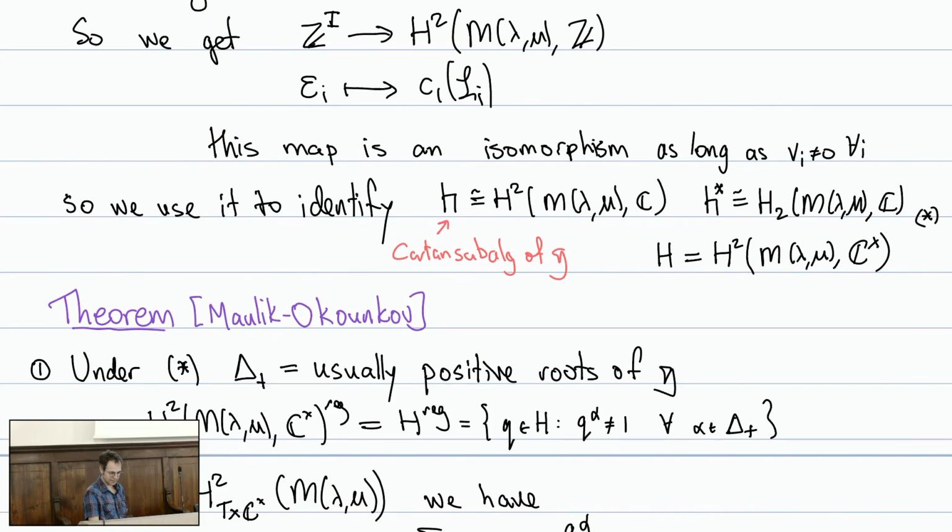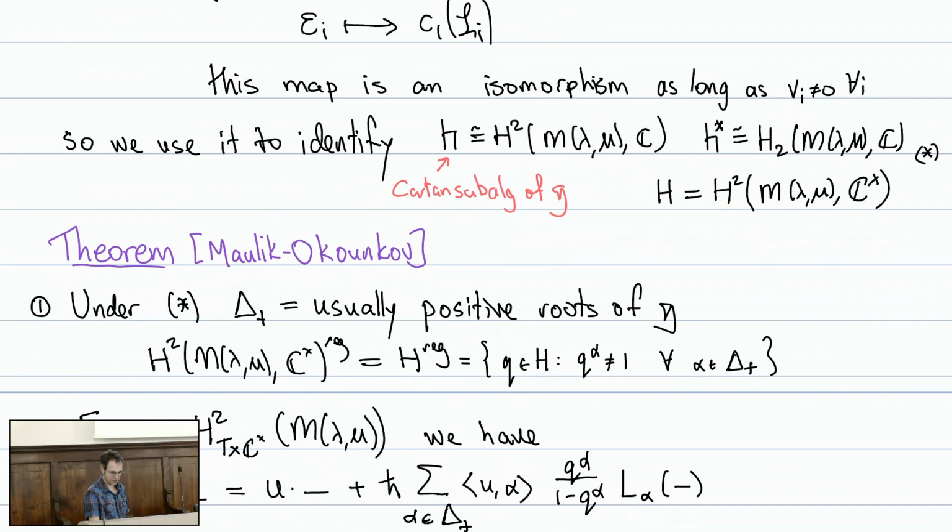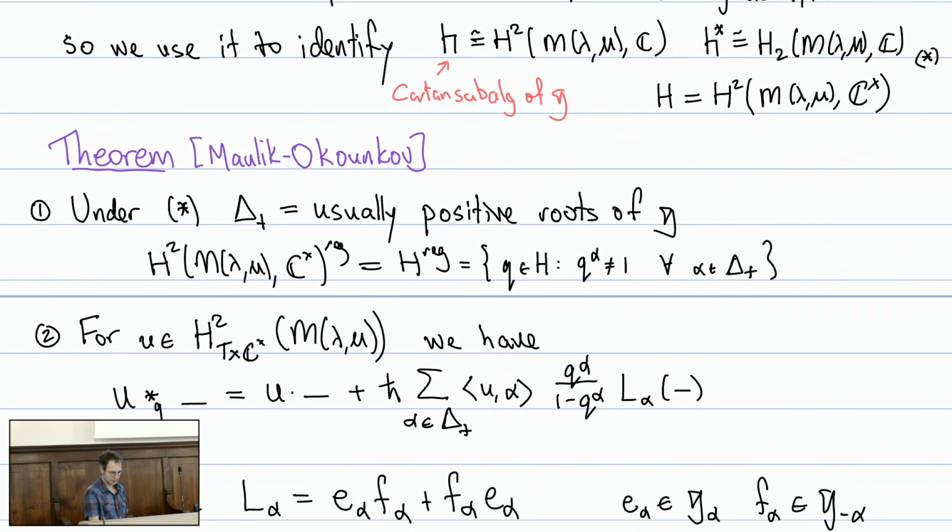Now we can state the theorem of Maulik-Okounkov. Under these identifications, delta plus will be identified with the set of usual positive roots of G. Where do positive roots live? They live inside the dual of the Cartan subalgebra.